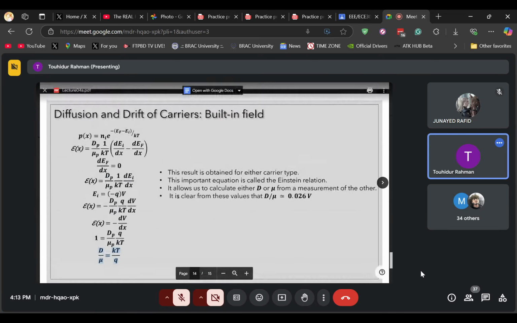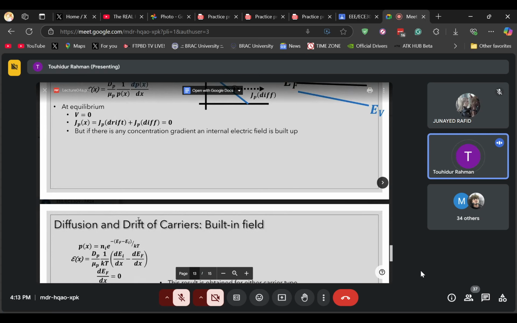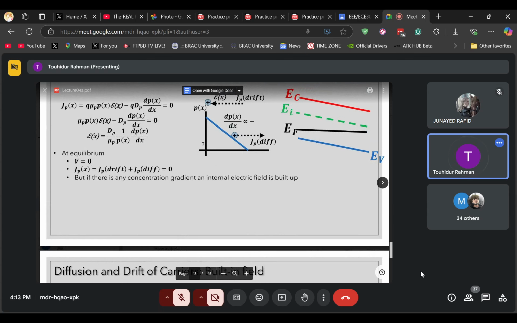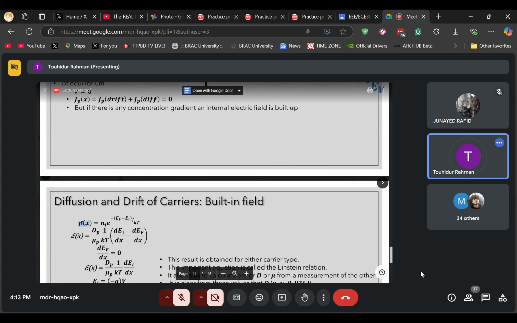Okay. I cannot move on. I have to explain it. So we have this expression of E(x). We have the expression of p(x). And how can we define p(x)? p(x) is the total carriers, total free electrons or free holes, as a function of time and a function of x. So we can write p(x).